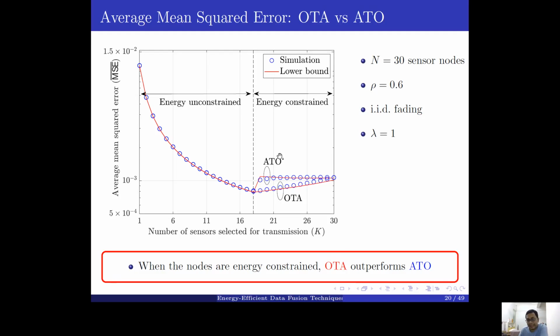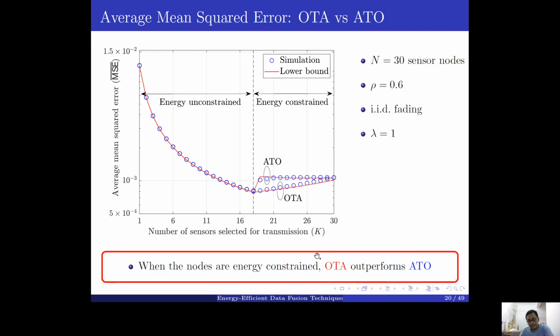This essentially acts as a negative feedback and further lowers the probability that a node is active. This is not the case for OTA, and as a result of this, the probability that a node is active is more for OTA than for ATO when the nodes are energy constrained.